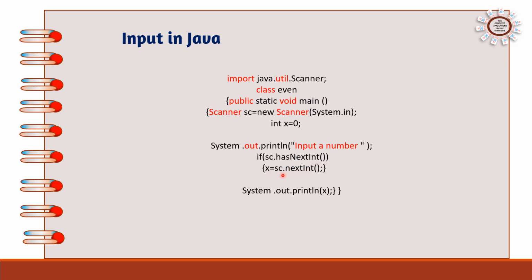And if it is not an integer, for example, if you are giving a double data type, then in x no value will be accepted. If the check is true, it will be accepted, otherwise no. And when you say System.out.println(x), if you have inputted an integer number, that value will be printed, and if you have input a decimal value or any other data type, 0 will be printed.